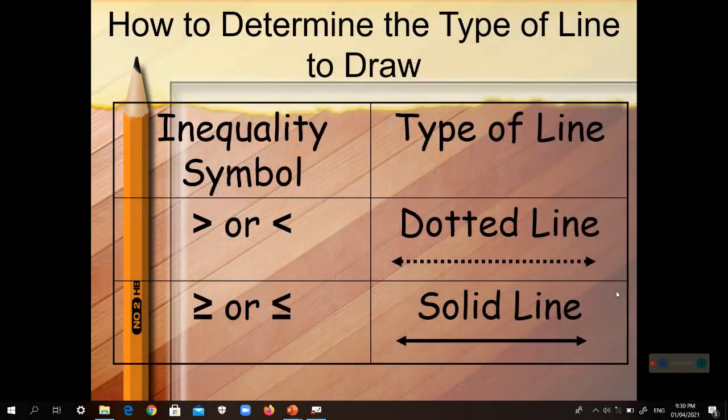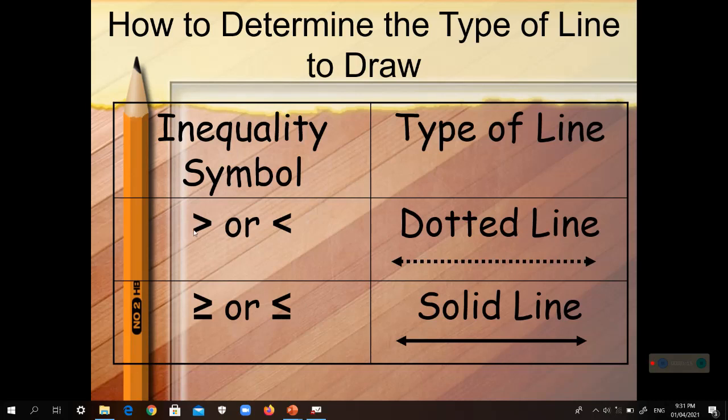To proceed, how are we going to determine the type of line to draw? If you are going to graph linear inequalities, it is quite similar to how you graph linear equations. But since we have the inequality symbols greater than, less than, greater than or equal to, and less than or equal to, it will be quite different from graphing a linear equation, because you will use two kinds of lines: the dotted or dashed line and the solid line.